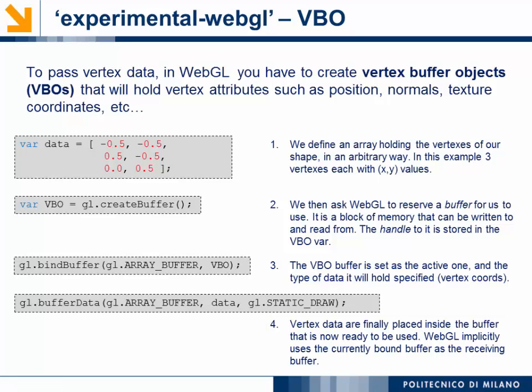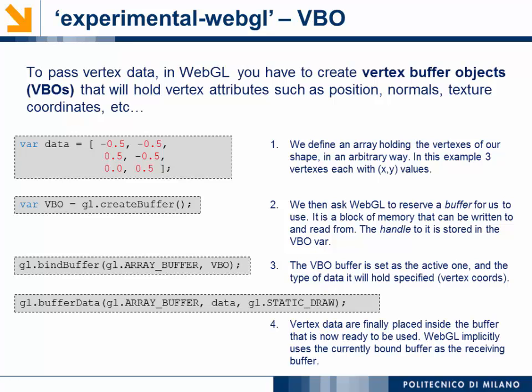This means that inside the buffer, inside the GPU memory, the data that we stored never change for the whole lifetime of our code. There are other drawing methods that we are not going to see for this code. Static draw is the only drawing method that we are going to use. So simply remember that with bufferData, the fourth step, we send the data to the GPU.